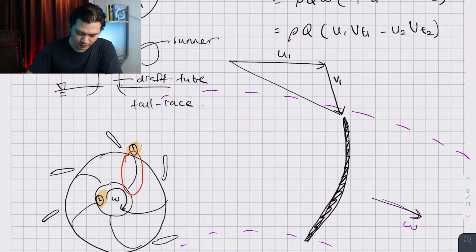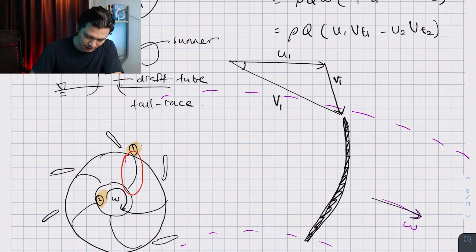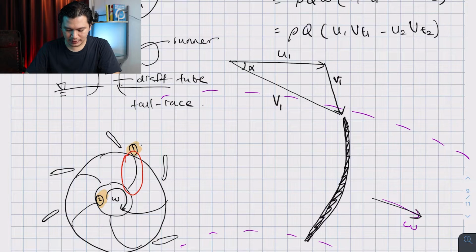Now this is my capital V1. I'm going to put this like this for the small v. So now I have all the three components for the triangle. We know that the angle between the blade speed and absolute velocity is called alpha. So I'm just going to label it here. This is alpha. And the angle between my relative velocity and blade speed is called beta.